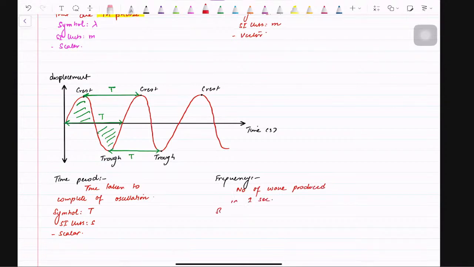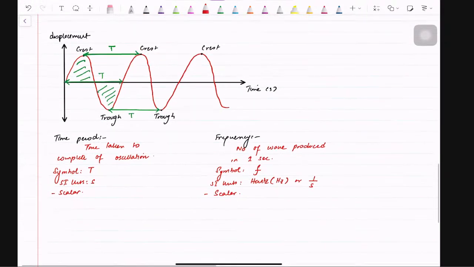The symbol we use for frequency is F. The SI units are hertz, which is Hz, which you can also write as 1 upon second, that's the same thing. It's also scalar. The formula that connects frequency and time period would be F equals to 1 upon the time period.